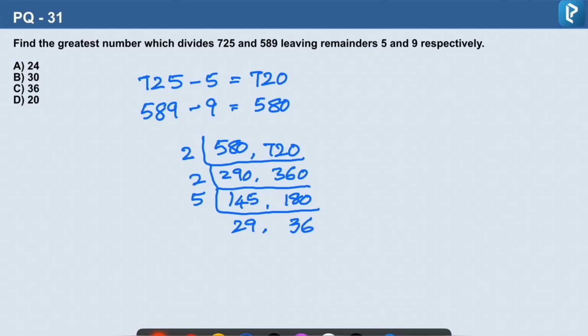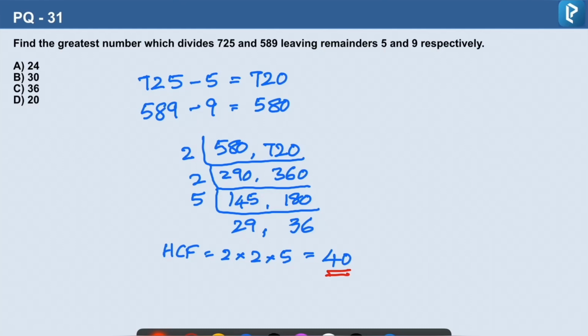29 and 36 are co-primes. 29 is a prime number, it is not divisible by any number. So the common divisors are 2, 2 and 5, and that is the HCF. HCF is equal to 2 multiplied by 2 multiplied by 5, 2 fours are 4, 4 fives are 20. So 20 is the HCF. That is the number which divides 725 and 589, leaving remainders 5 and 9.